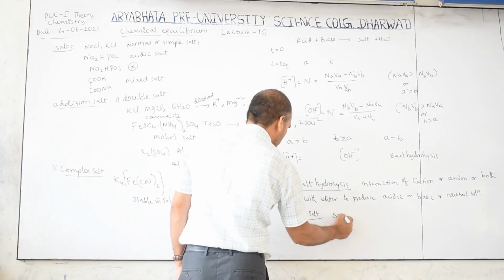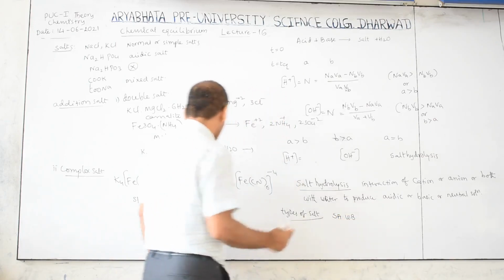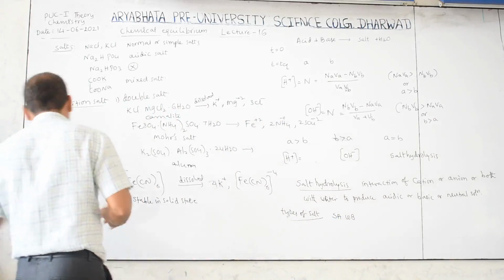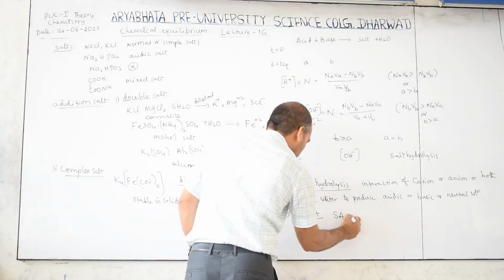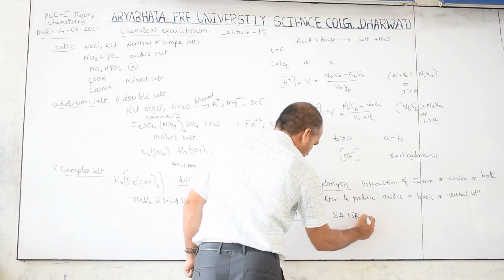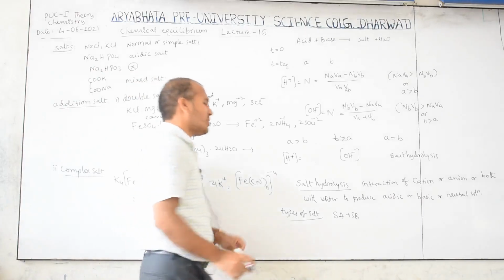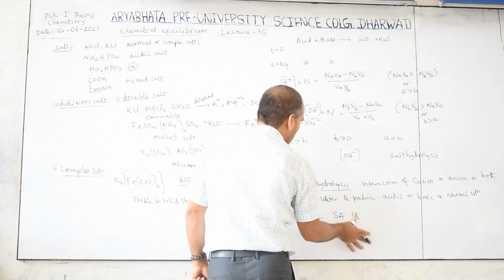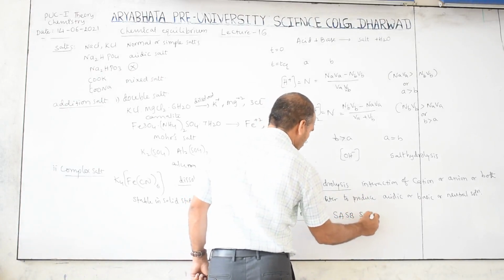Strong acid plus strong base salt means a strong acid added to a strong base gives a strong acid, strong base salt.